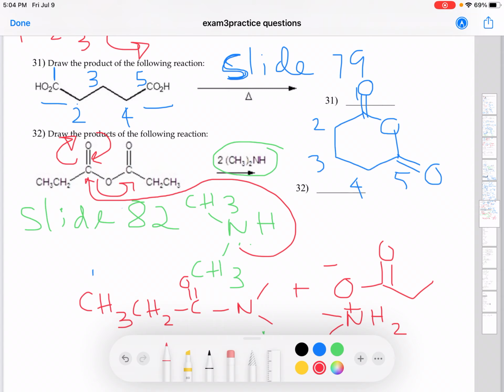So it's just an anhydride being reacted with an amine to form an amide group, and you can refer to slide 82 to see this reaction. Okay, all right then, so these are the answer explanations for your practice question 3.